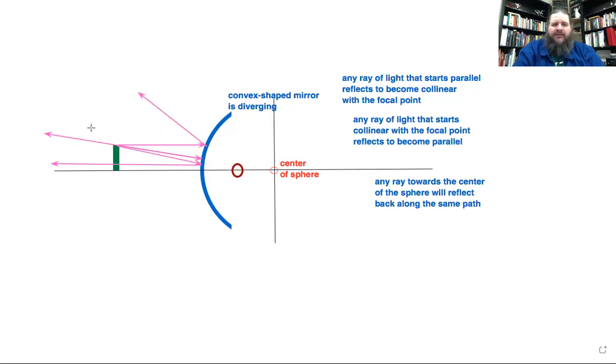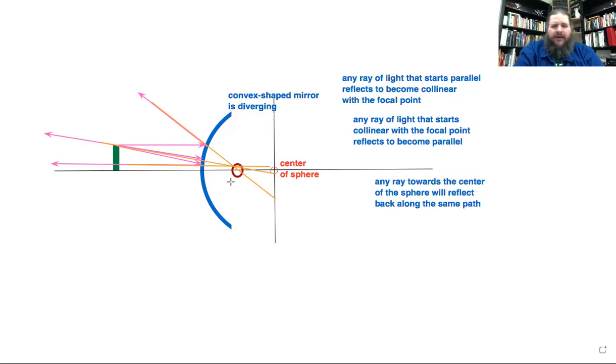And since they're diverging, these rays are never going to hit on the left side. But if we backtrace, we can find a point where they seem to have come from. That is, this ray of light seems to have come from back here. This ray of light seems to have come from back here. This ray of light seems to have come from back here.